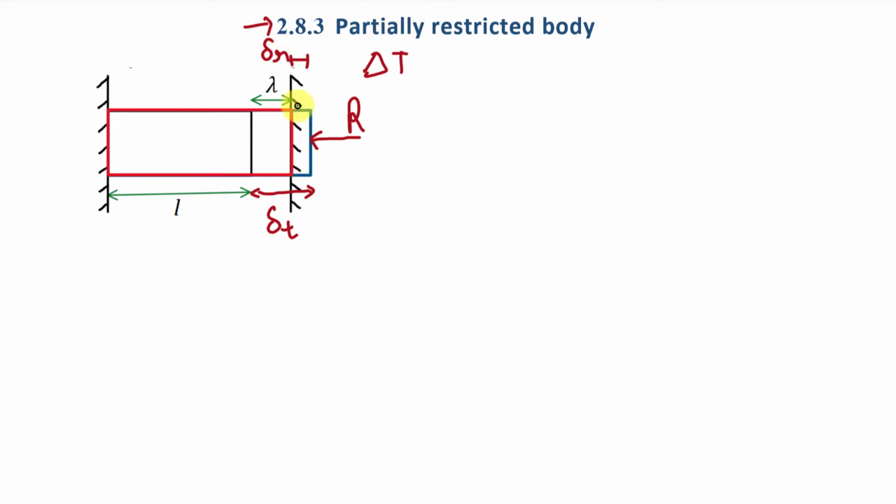Now understand that the change in length from this point to this point is delta T, and it will be equal to the sum of the change in length from this point to this point plus this point to this point, meaning it will be equal to lambda plus delta R. So we can write that it is lambda plus delta R. Fine.